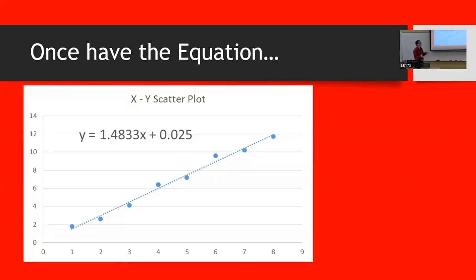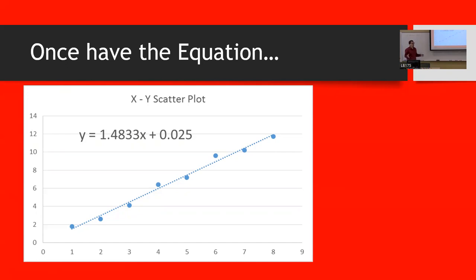And then once we have the equation, that equation is just going to be y equals, well, in this case, y equals 1.4833 times x plus 0.025. Okay.